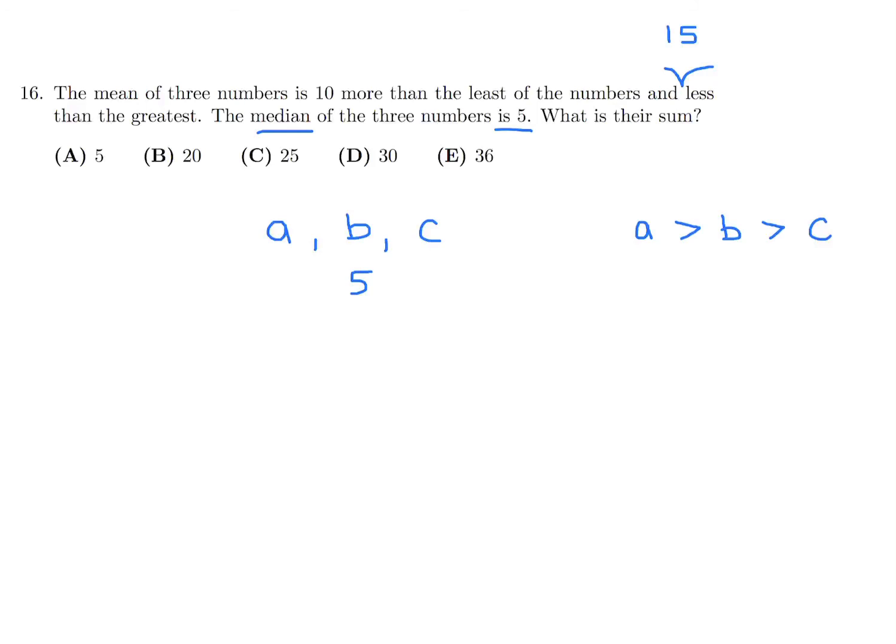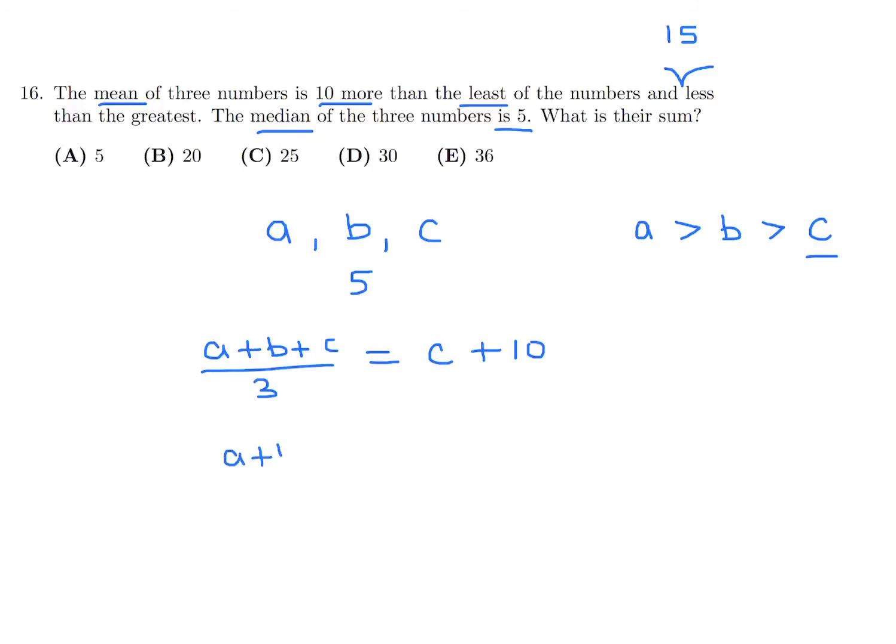And then they tell us that the mean is 10 more than the least of the numbers. So the mean, which of course is the average, A plus B plus C over 3, is equal to 10 more than the least of the numbers. The least of the numbers, or the smallest number, is C. So it's 10 more than C, like that. That's the first equation. And then anything else? Oh yeah, and 15 less than the greatest.